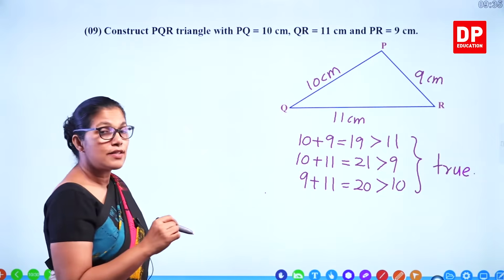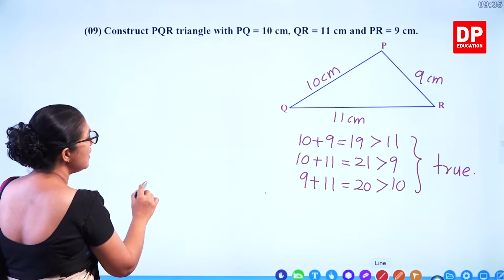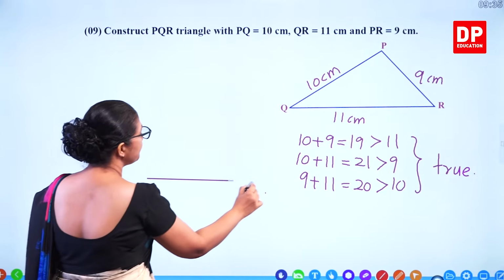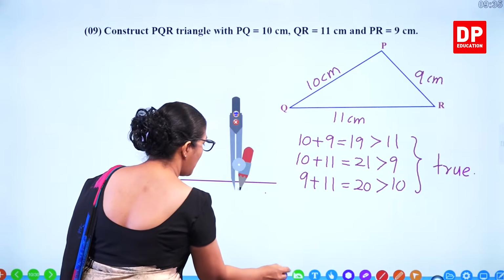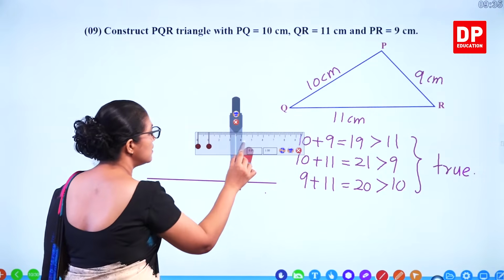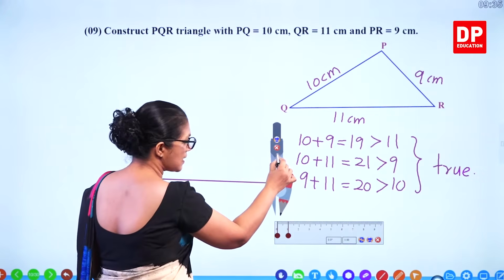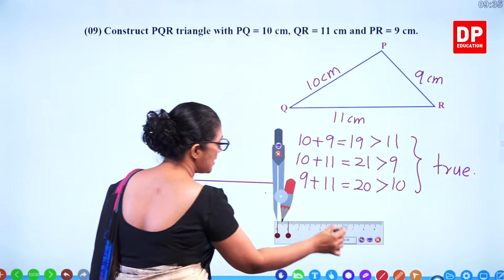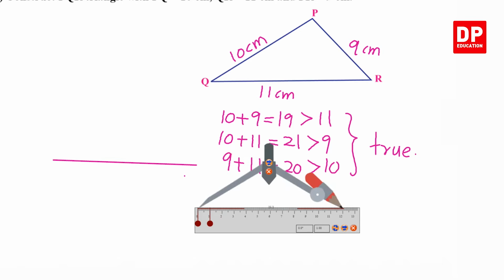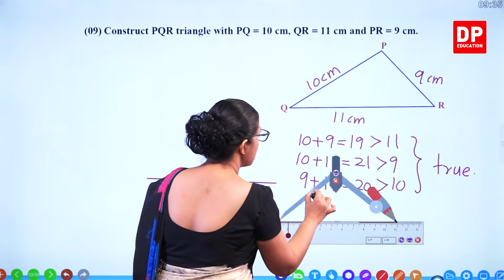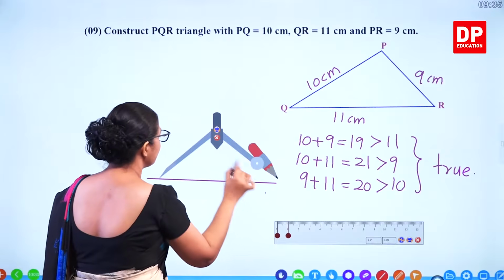So we'll construct that. What do you do? Take the ruler and first draw any line, and take the compass and the ruler and measure the length. So 11 centimeters. We have to take 11 centimeter length. So 11 centimeters is here. First we'll mark that on this line.